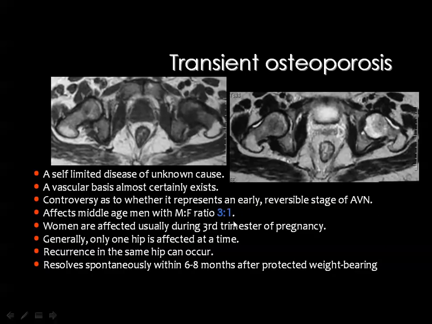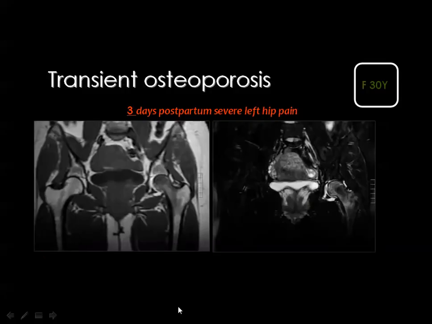Women are affected usually, but not always, during pregnancy, late in pregnancy, and generally one hip is affected at a time, but there may be an incidence of bilateral hip involvement at the same time, and this disease resolves spontaneously after protected weight bearing.